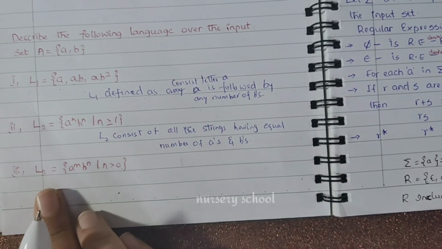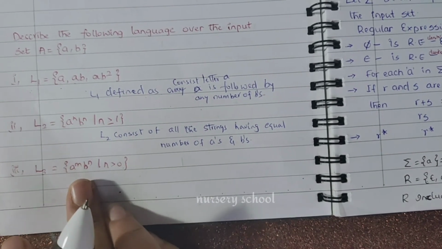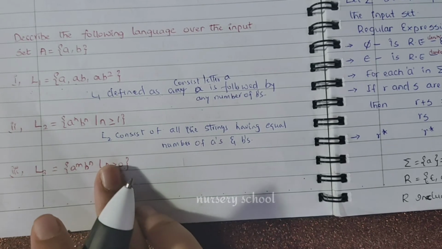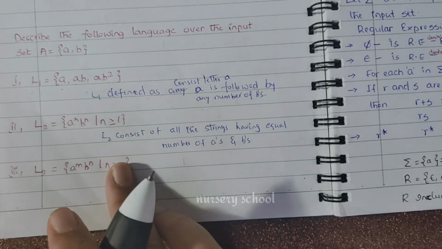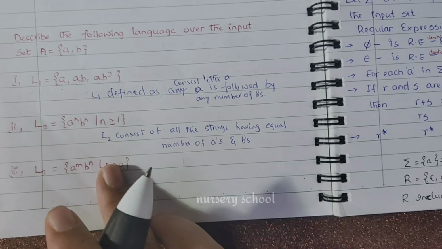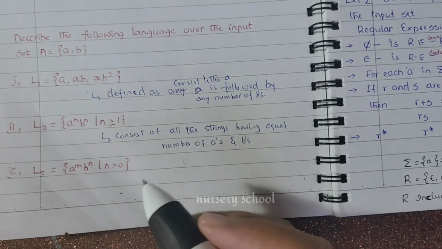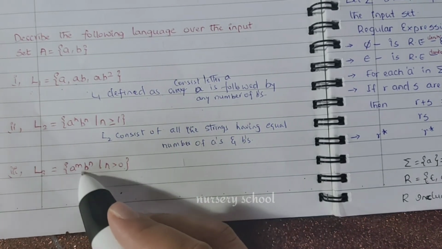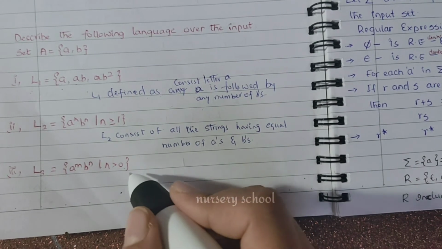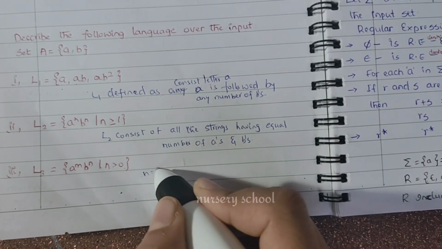Next, let me define the language L3. What do you mean by L3? L3 is equal to {a^m b^n}, and n should be greater than or equal to 1. What do you mean by that? It means at least one B should be there. Suppose n equal to 0 is not allowed, right?